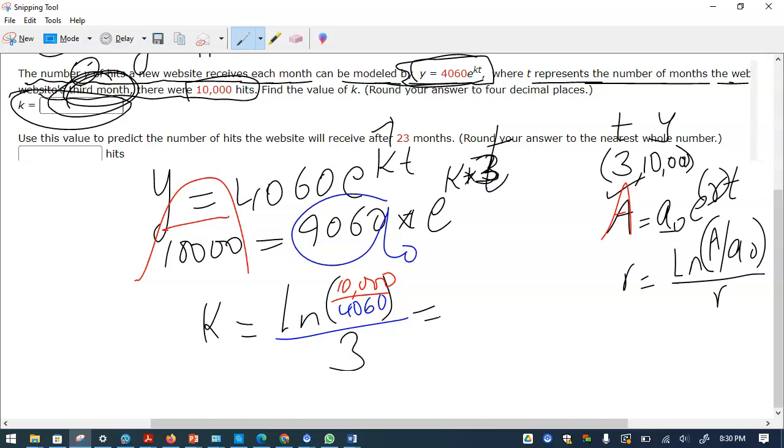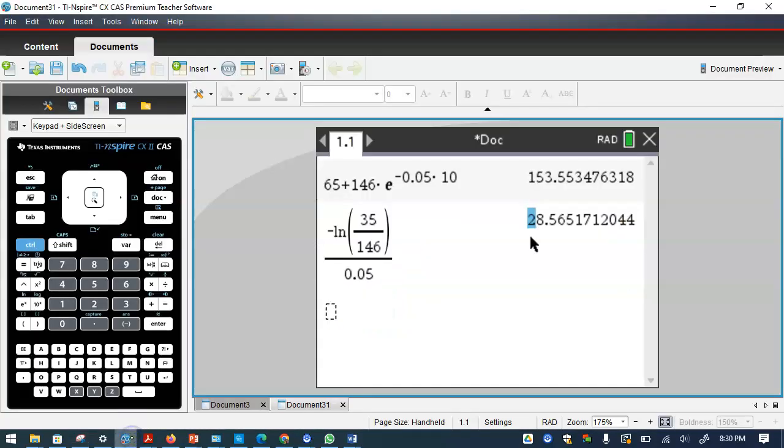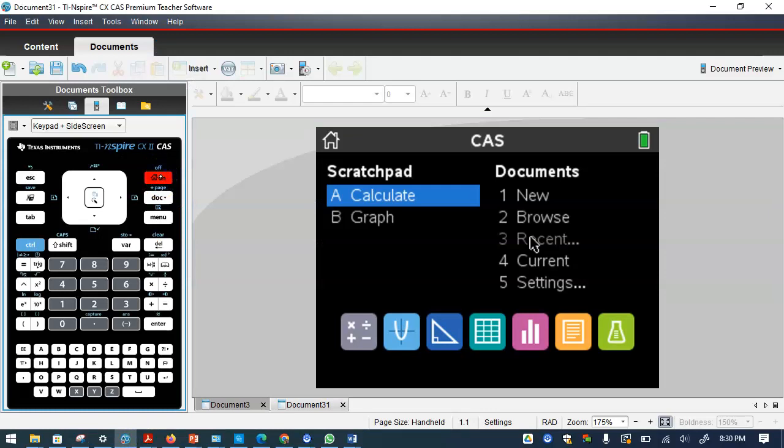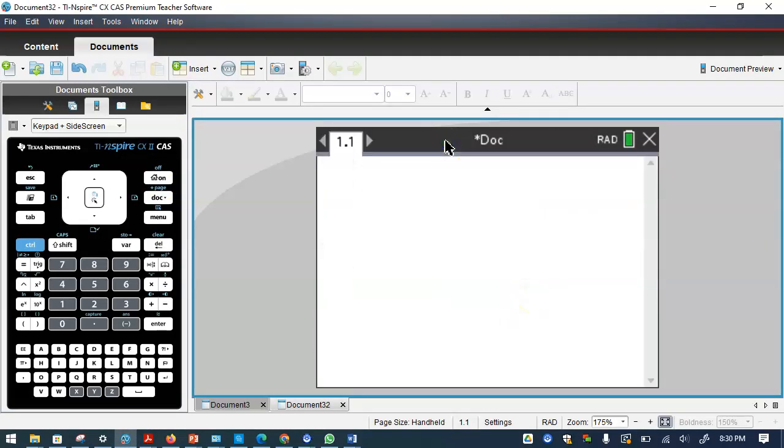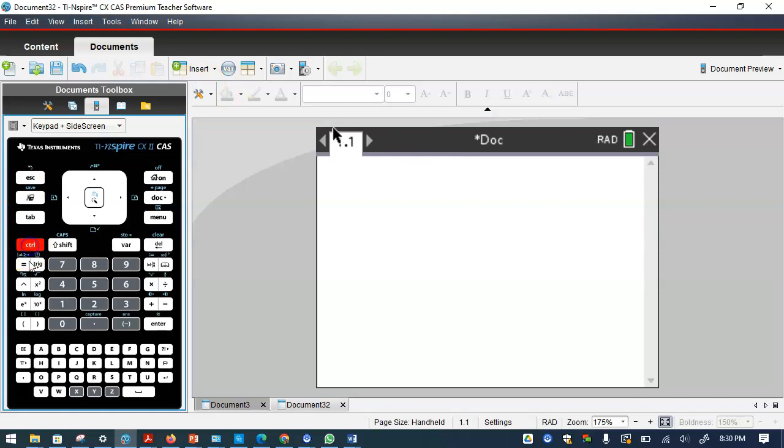Okay, so let me go back to the calculator and I'll start the new one. Then we need to put ln. So that's the ln. Because you're going to divide, let me take a division here, quotient.